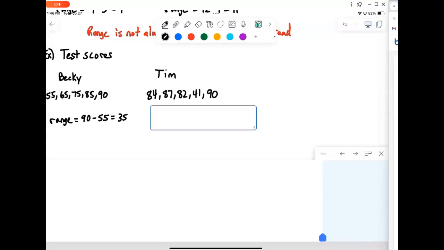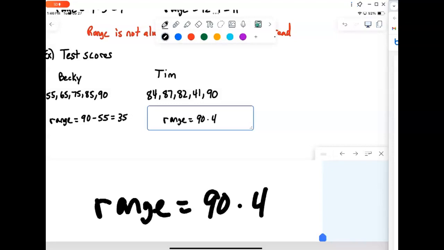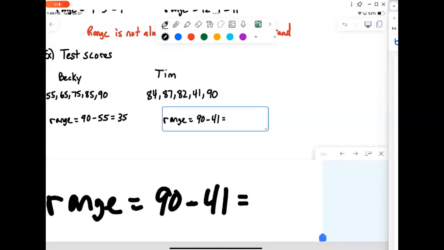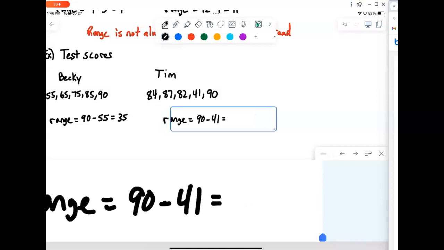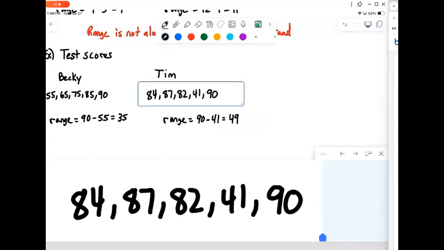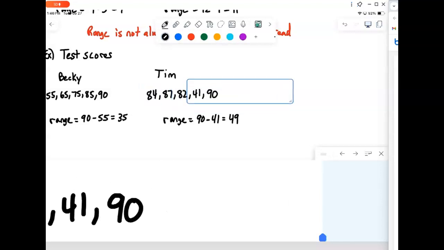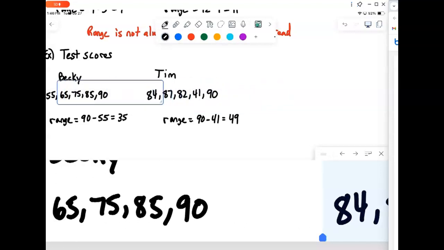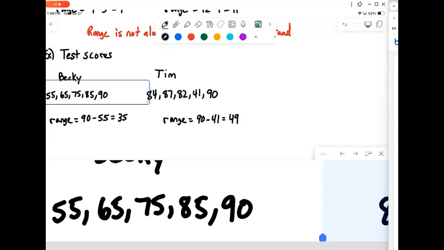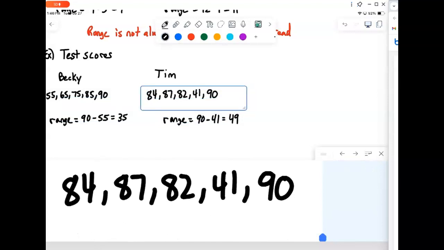Tim, on the other hand, if we compute his range, would be 90 minus 41. And so his scores cover a bigger range, even though each value individually looks a lot more consistent, except for that one really bad value, whereas Becky's are overall more spread out by comparison.